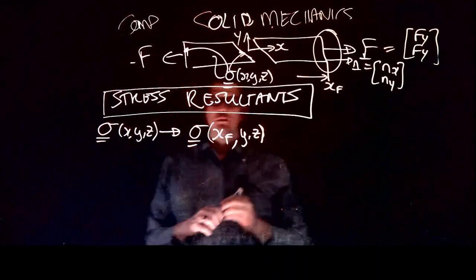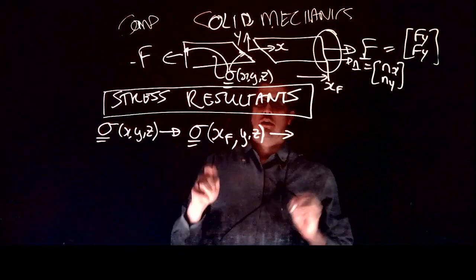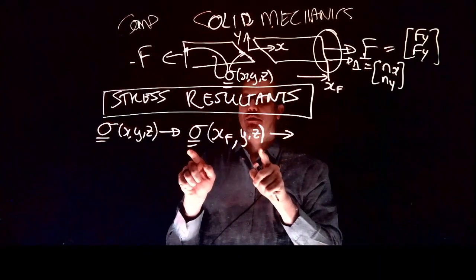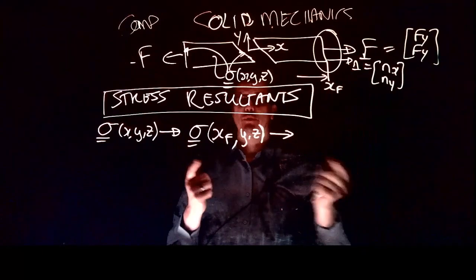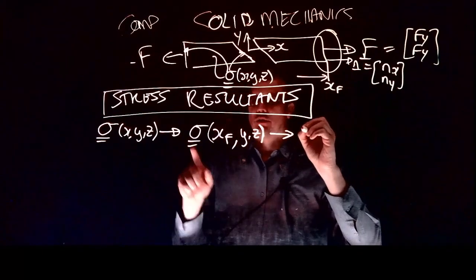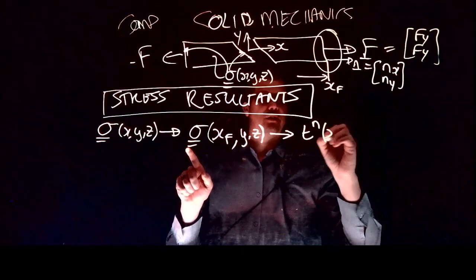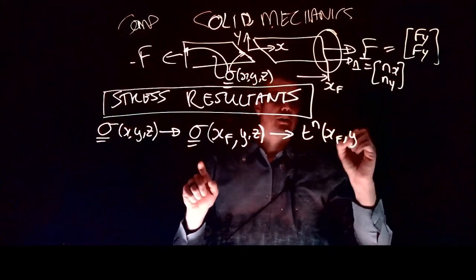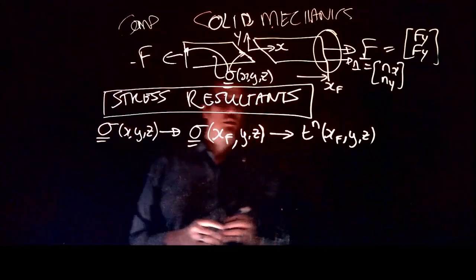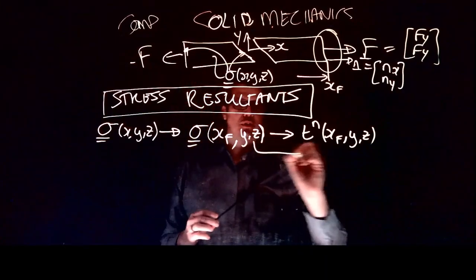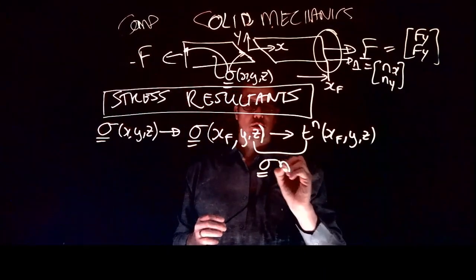Next step, I need to say, how do I take this and get to a force? Well, we first have to make it a traction. So I have to get this towards a traction that lives at XF, Y, and Z. And this step is easy, because we know it is just sigma dotted with N.